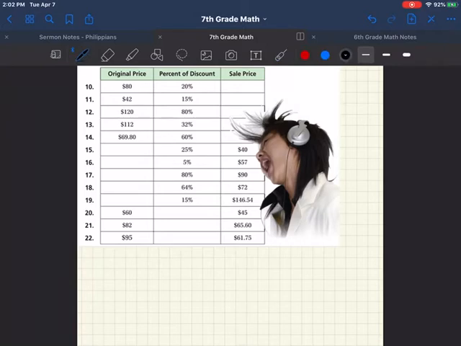Now that's what we've been working on in this chapter, which, as I was telling you guys, is basically the final price is going to be equal to the original price plus or minus, and because we're discounting and not marking up, it's minus the original times the percent as a decimal.